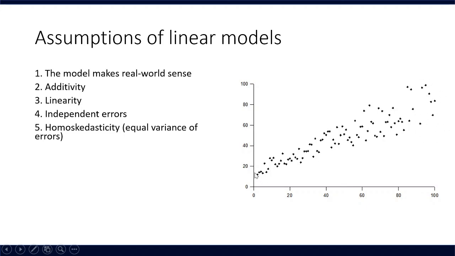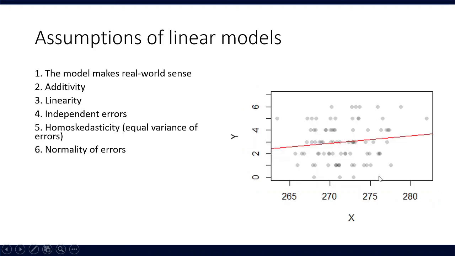This is called heteroskedasticity. This is bad. This violates this fifth assumption of a linear model. What we want is homoskedasticity. We want the variance in these residuals to be consistent along the entire range of the x-axis, along the entire range of our predictor variable.